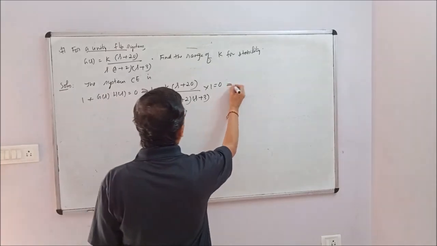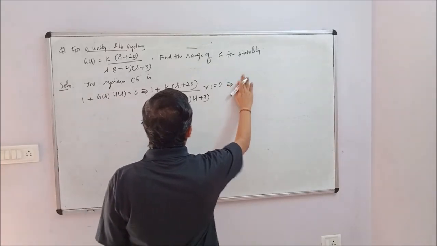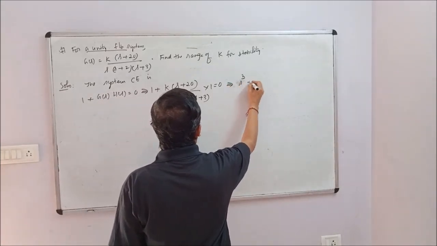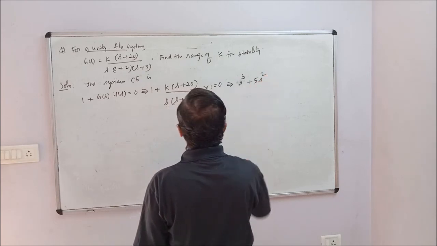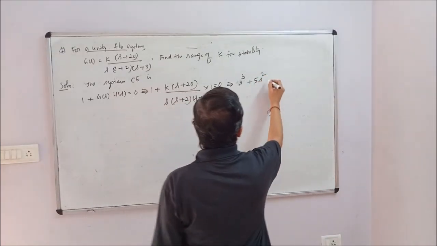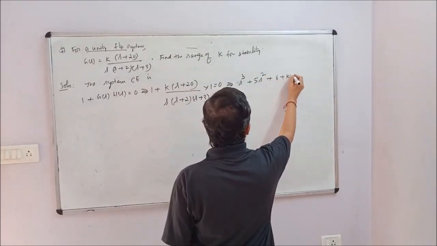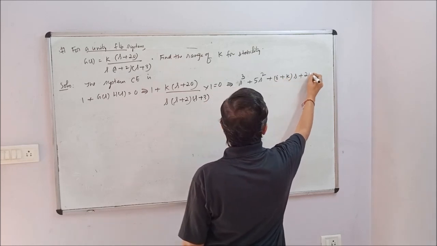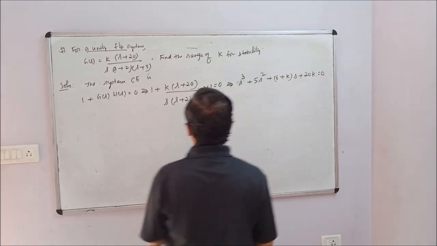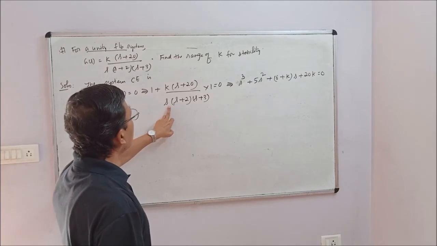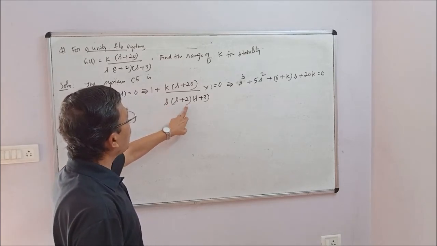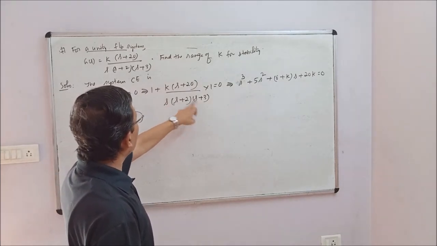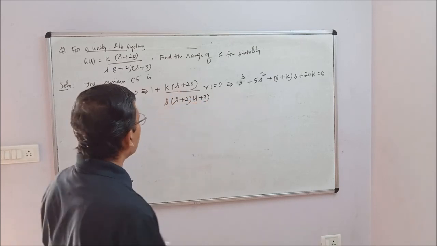This implies S cube plus 5S square plus 6S plus KS plus 20K equal to 0.